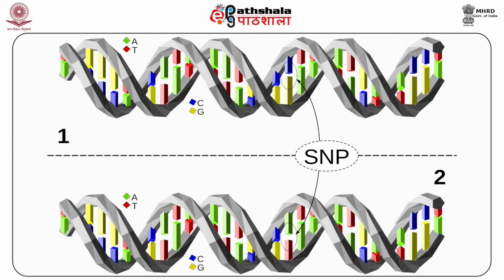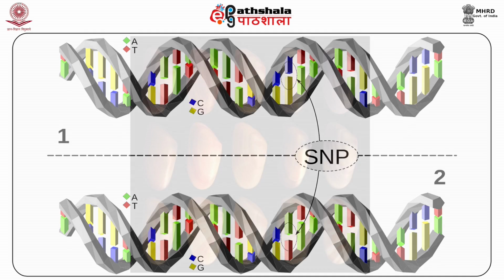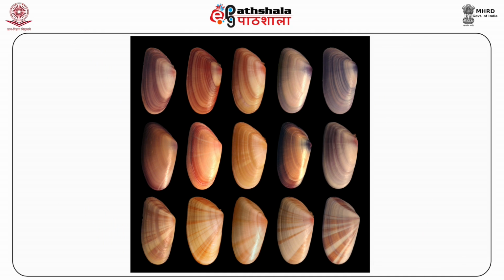Polymorphism, as described, involves morphs of phenotype. The term is also used somewhat differently by molecular biologists to describe certain point mutations in the genotype such as SNPs.